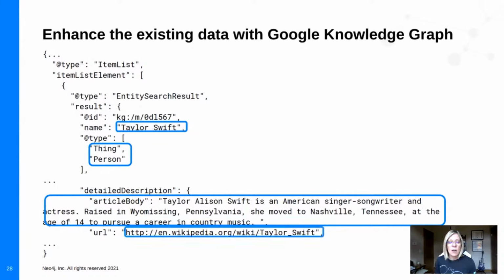And then I've got a URL associated with Taylor Swift. Now, these things that I've highlighted here, we're actually going to use as node properties, just to make our graph more interesting. And then the other thing I should tell you is that not all Google Knowledge Graph entries have all of these things populated. So that's something we're going to have to deal with as we go along here.